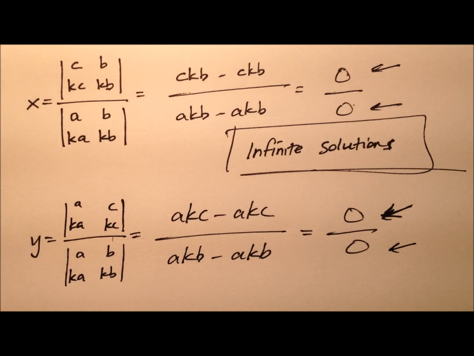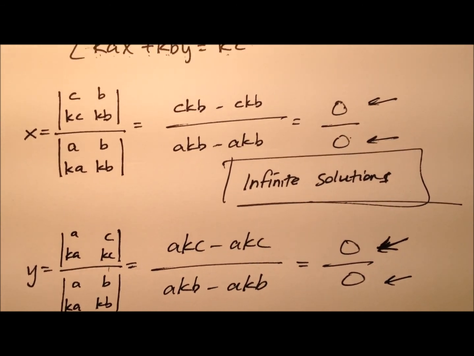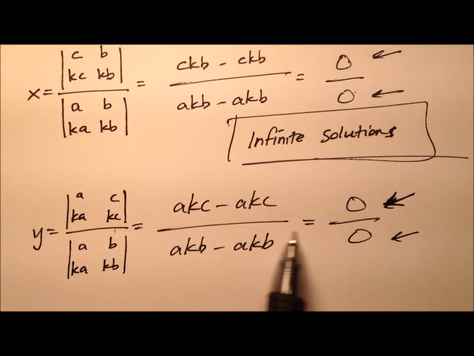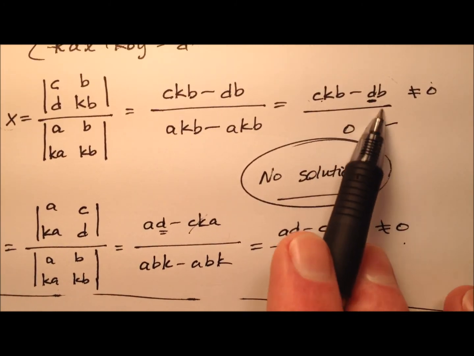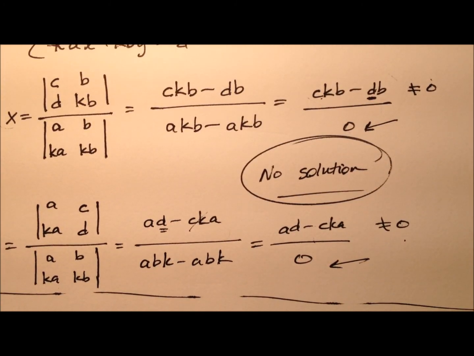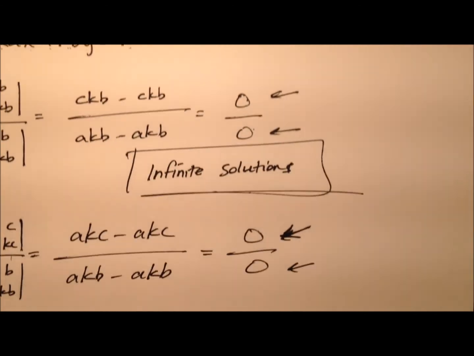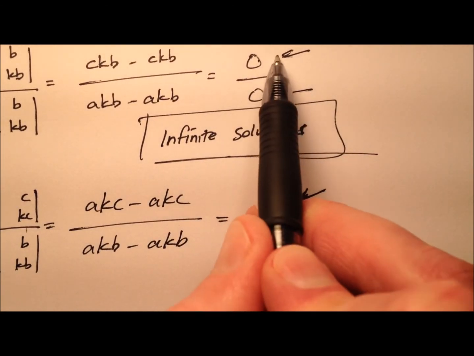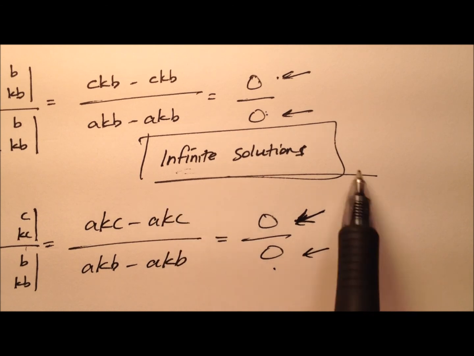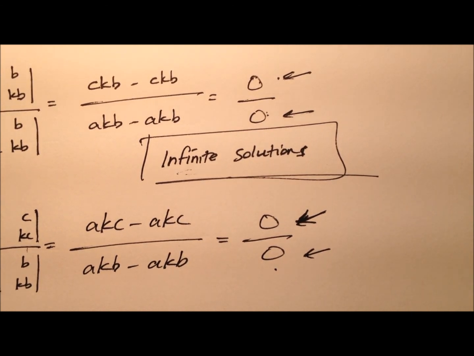Whatever y is, what it is. But in those circumstances where possibly there's infinite solutions, or as we saw before, no solution, then we'll have this interesting situation where you're either dividing by 0 and the numerator is not 0, and that's no solution, or you're dividing by 0 and the numerator is also 0, and that's infinite solutions.